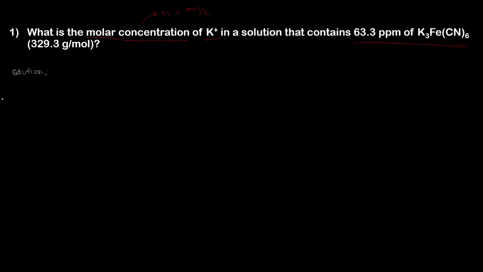In summary, ppm is basically milligram per liter. ppb is microgram per liter and ppt is nanogram per liter.